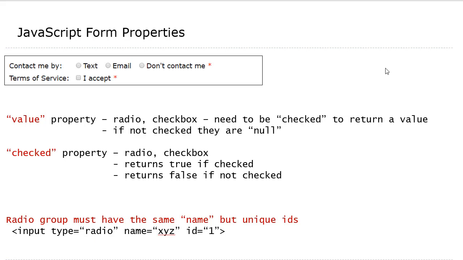If it is not checked, it will not return a value. JavaScript also has the checked property that enables us to determine if a radio or checkbox is checked. It will return true if checked and return false if not checked. Remember that radio groups must all have the same name, and they will only return one value in the group.